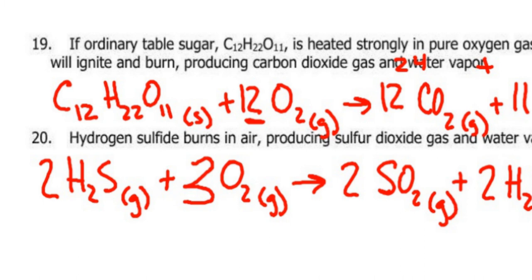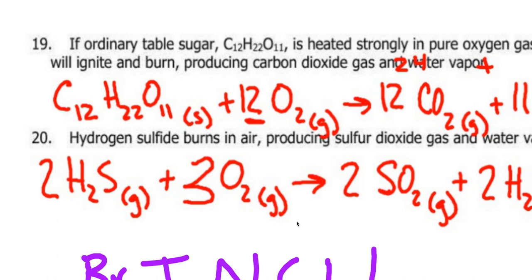Same thing on number 19. Number 19 we do have, and number 20 we have oxygen. We had 7 elements: BrINClHOF.